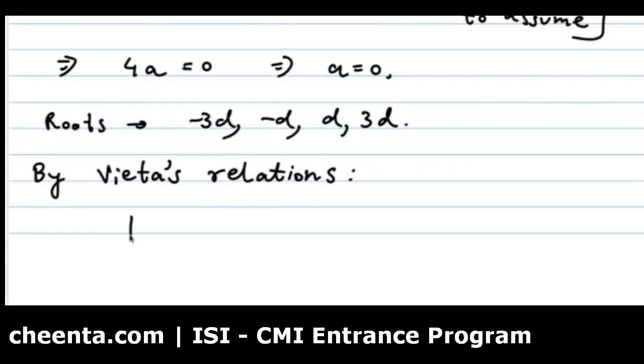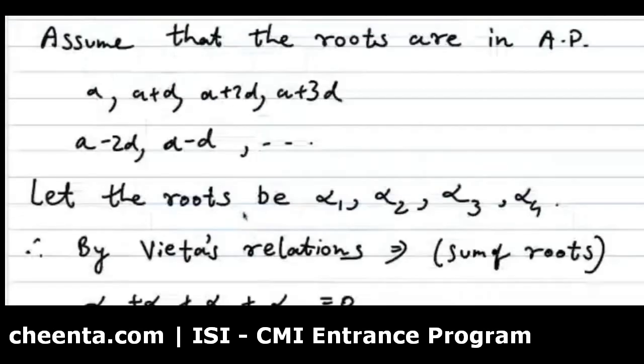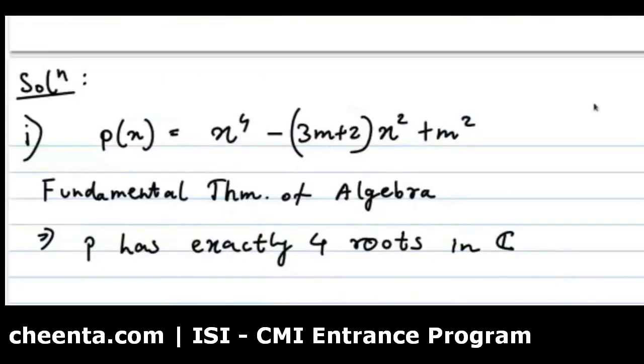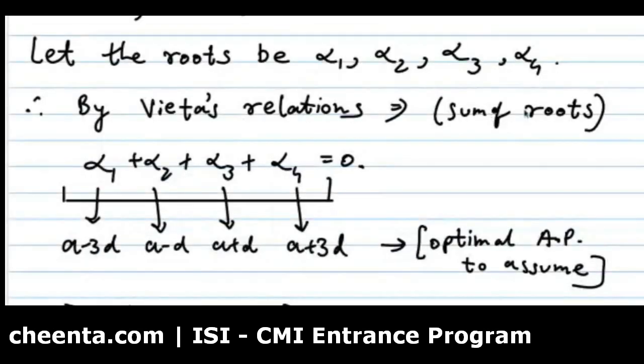We get that 9d to the 4 equals m squared. Because, counting 4, 3, 2, 1, 0, the signs are negative, positive, negative, positive again, so the constant term will remain as it is. I will just write minus 0 by 1.